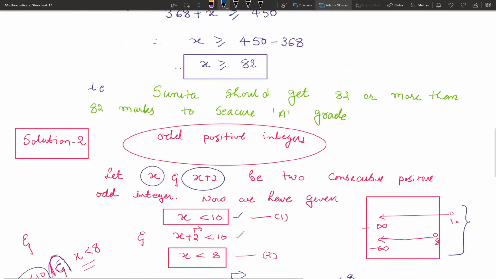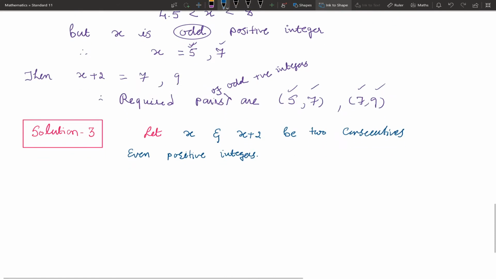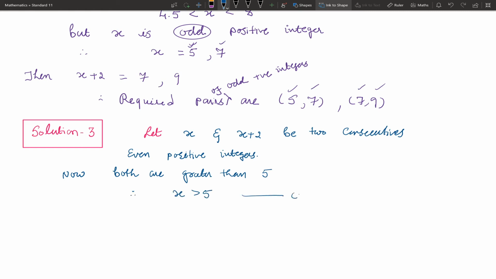Now both are greater than 5, therefore x greater than 5, say 1, and x plus 2 greater than 5. Now transfer to the right hand side. So x greater than 5 minus 2, say result number 2.